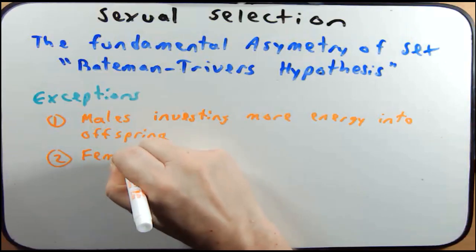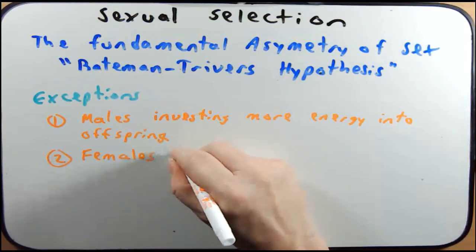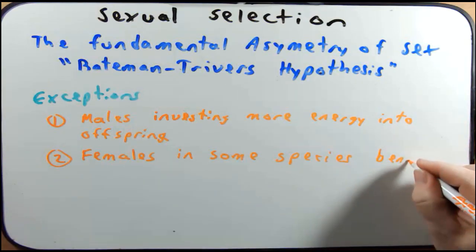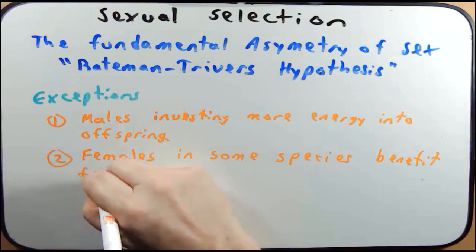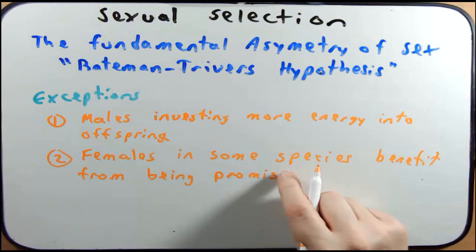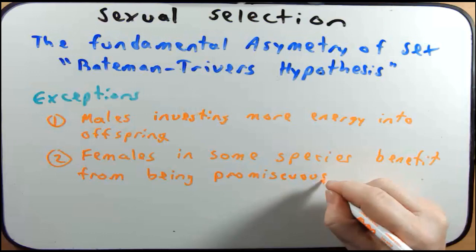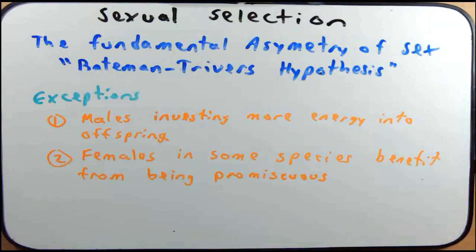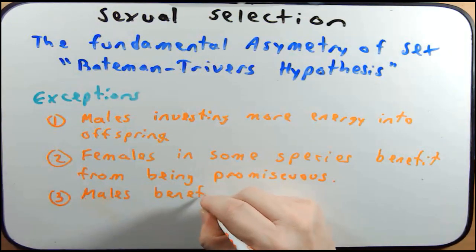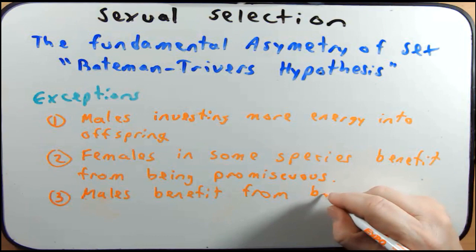Females in some species benefit from being promiscuous. That is, having multiple sexual partners. And sometimes we see where males benefit from being monogamous.